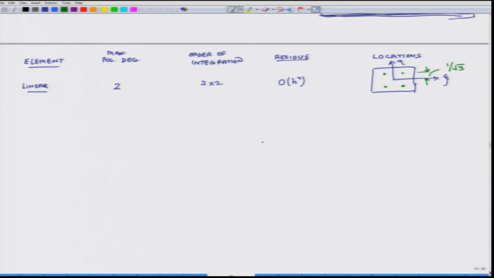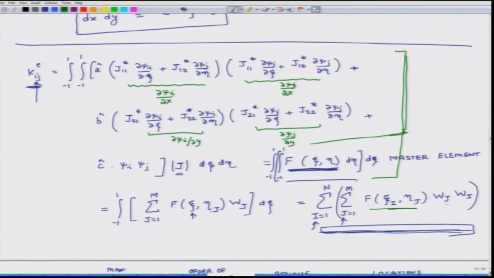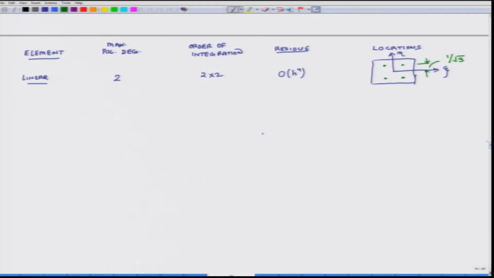If my expression is more complicated, say psi I is quadratic in nature, then del psi I will be linear, because del psi I over del zeta will be linear as I am differentiating it. And let us say that A could be quadratic, cubic, linear, constant, whatever. If the overall integrand is more complex, then I use quadratic quadrature. So this is linear quadrature, and here I use quadratic quadrature.